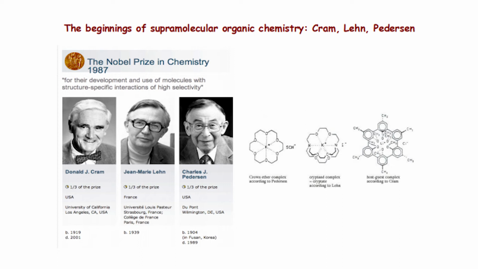Potassium permanganate. Tell me, in what solvent it is soluble? What is the solvent in which it is soluble? H2O. Yeah, water. It is soluble in water.